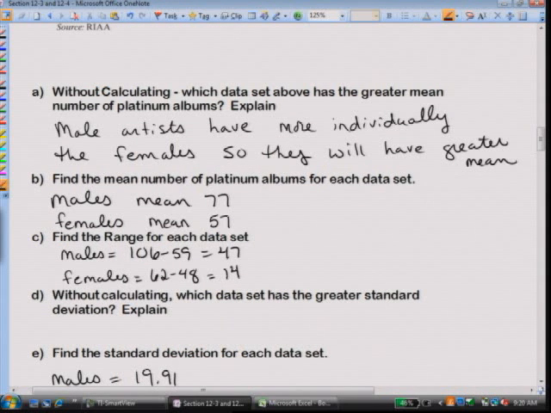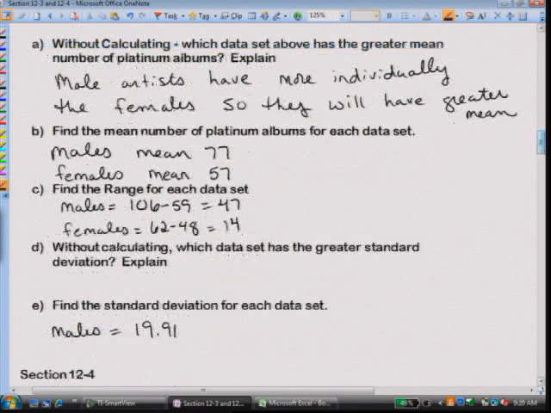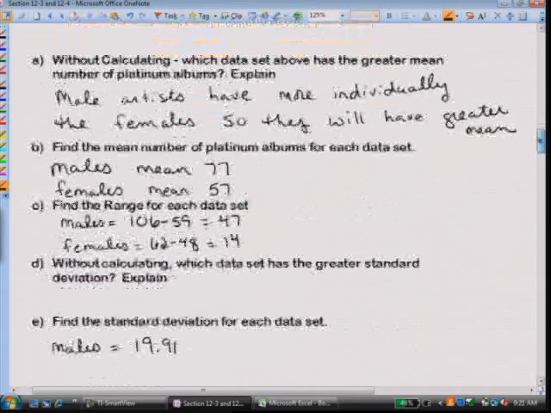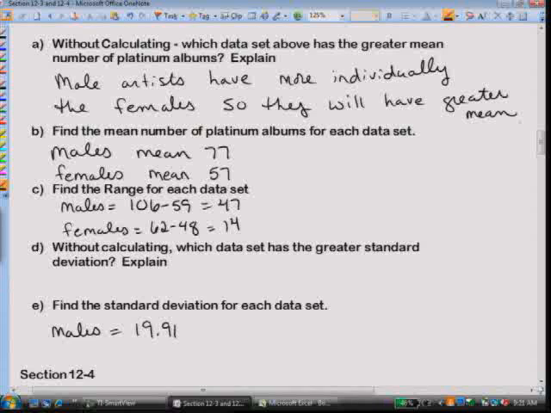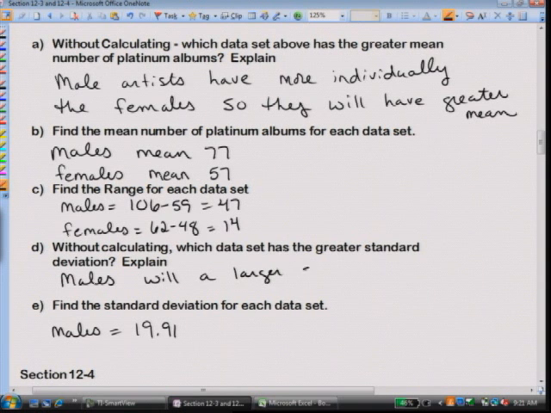Now, just from looking at that range, you should be able to conclude that the standard deviation will be larger for the males because they have much more variation. You know, Garth Brooks had 106, but then Michael Jackson only had 59. So there's a much greater variation. So you expect the males will have a larger standard deviation because they have a greater range.